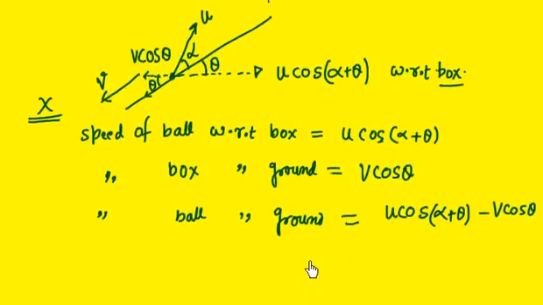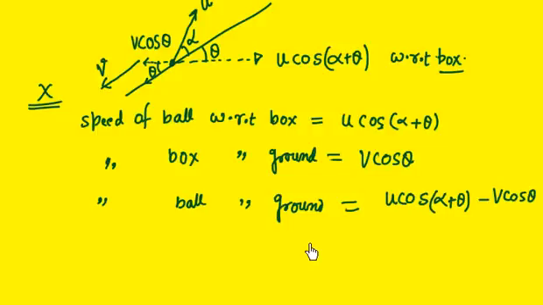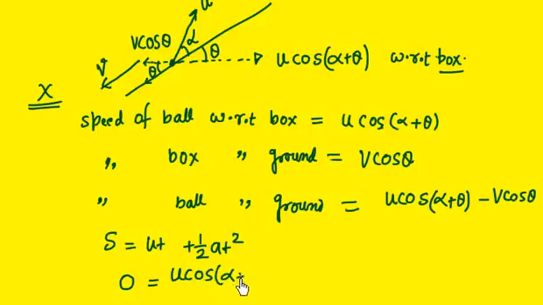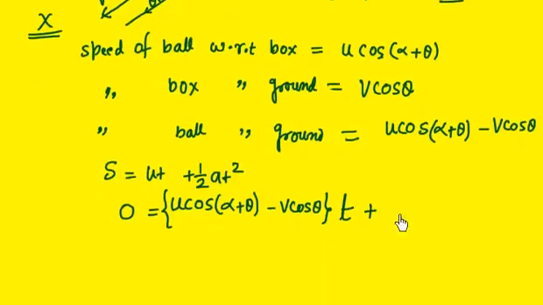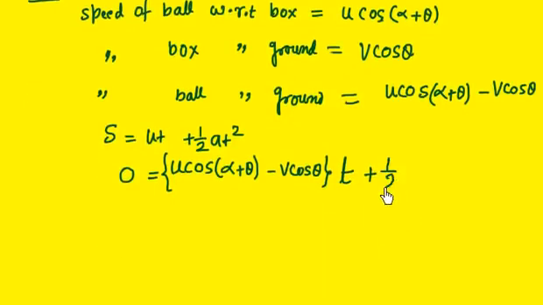Another thing, the question says the total distance traveled in the x direction is 0. So if I apply s equals ut plus half at square again, total distance traveled is 0. What is the velocity in the x direction? That is u cos of alpha plus theta minus v cos theta, times t, plus half a t square, and you know the acceleration in this direction is 0, so this is simply 0.